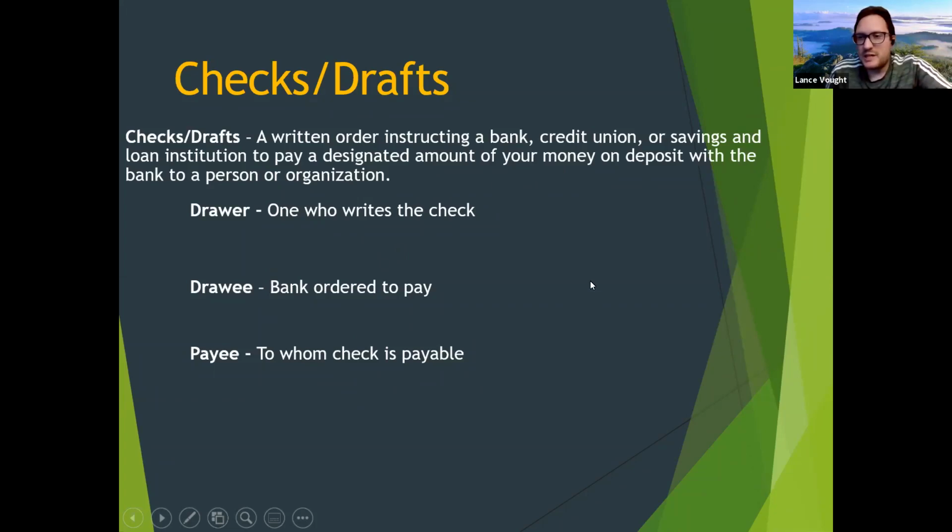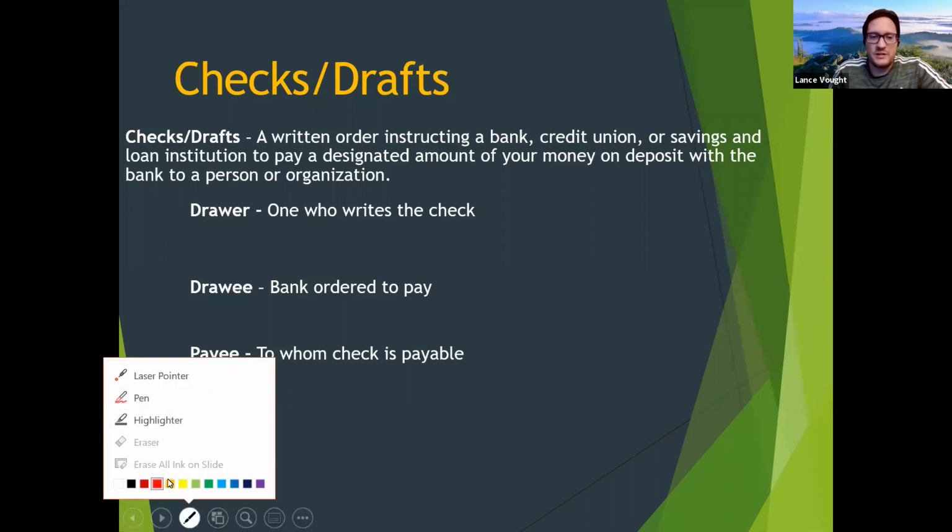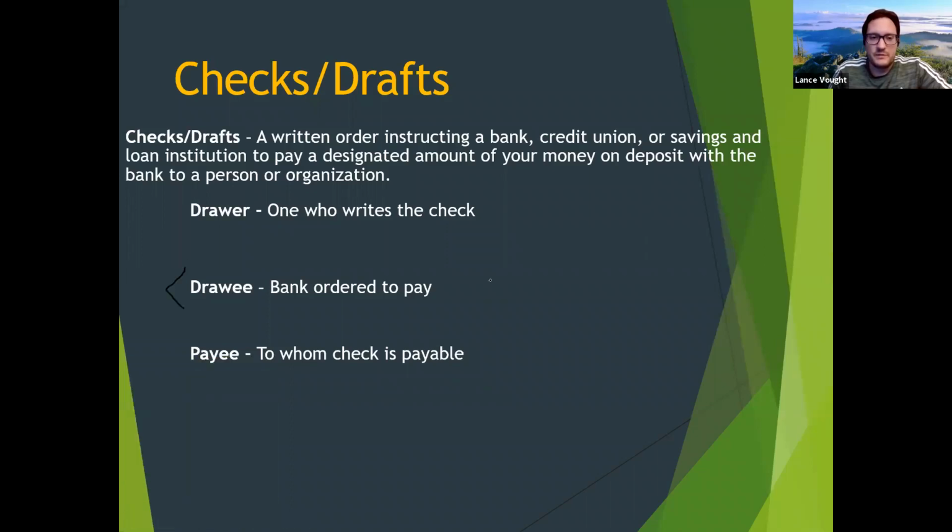Most of us think of a transaction between two parties, where I give you money, you get money, and that's it. But because we're using an intermediary, a bank, we have to acknowledge the drawee part. The drawer is you if you're writing the check. The payee is whoever you're paying.